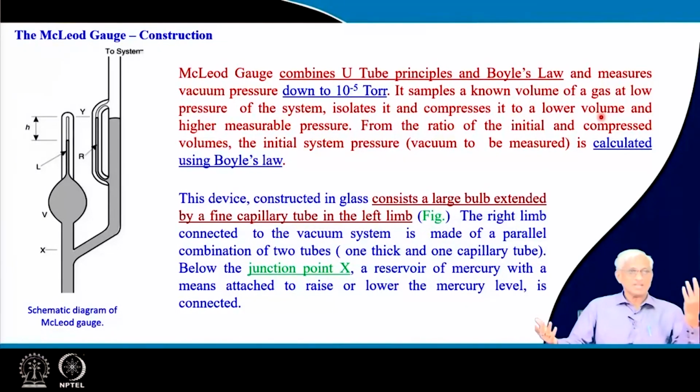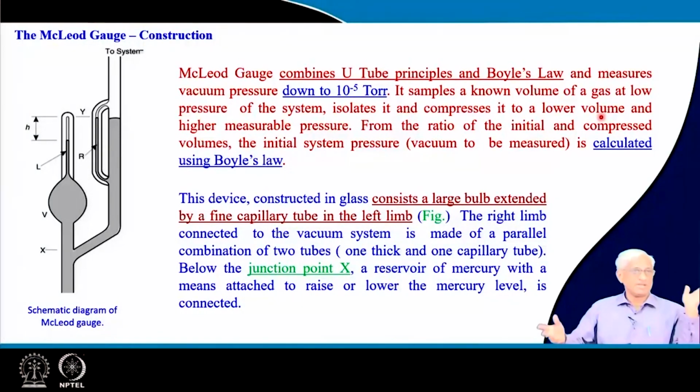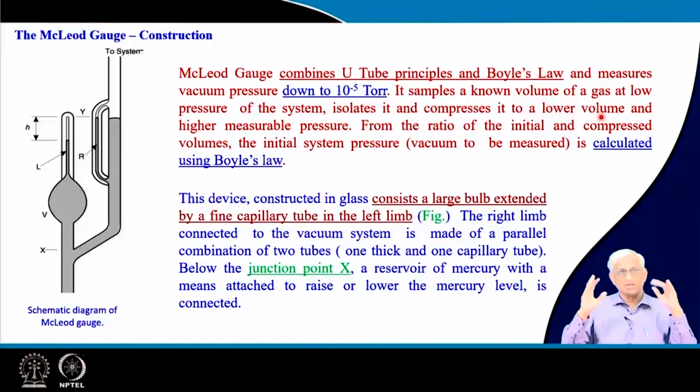Every country has a national physical laboratory where the vacuum standards are maintained. We have in Delhi the National Physical Laboratory, a big division with a lot of sophisticated equipment and perfectly clean systems to make accurate measurements.